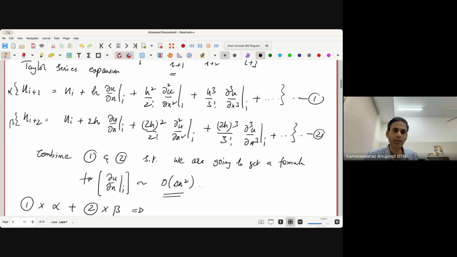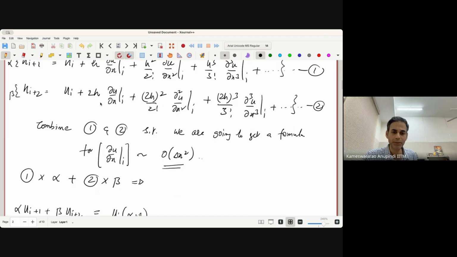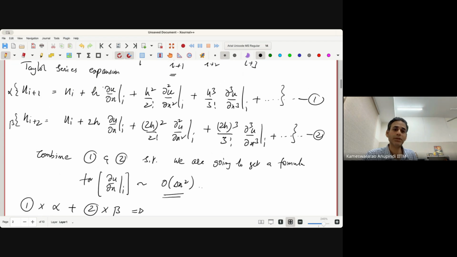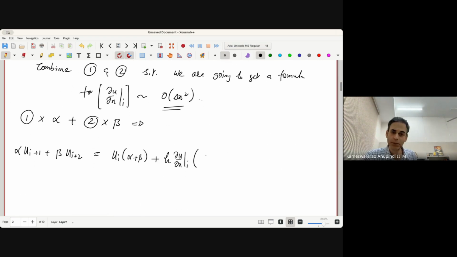Then the next is h times dou u by dou x at i times, the first equation will have alpha, and the second will have 2 beta, so this is going to be alpha plus 2 beta when you sum them.